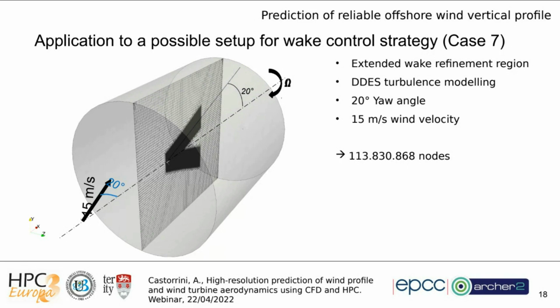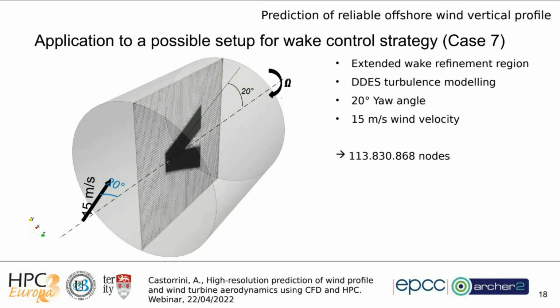And we see that because of this refinement, the number of cells is almost 3 times or more with respect to the grids that we used for the validation case, but the refinement at the rotor is the same as in that case, so we don't need to repeat the validation. We just extended this refinement region.